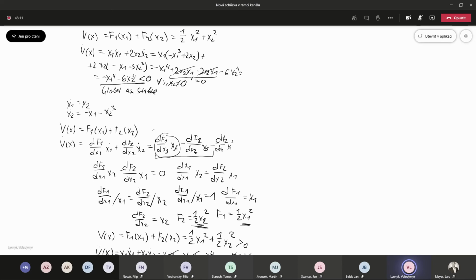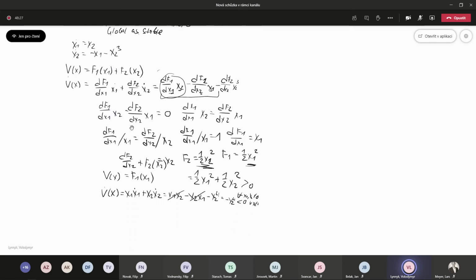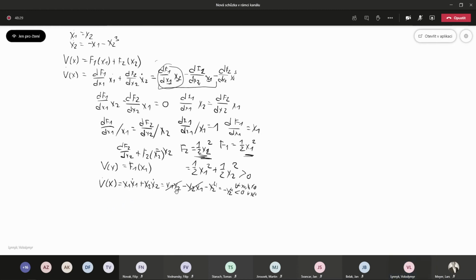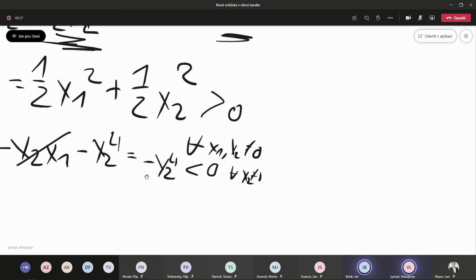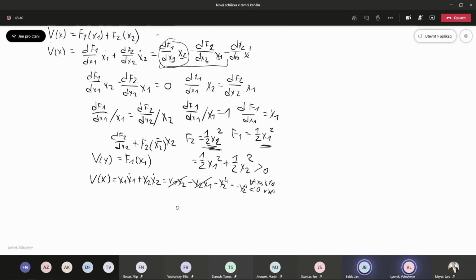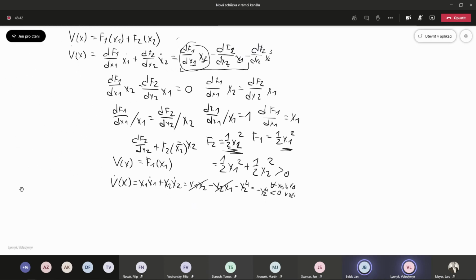What we can say about the stability of the system now? It's stable. Asymptotically stable? Why? Because it's smaller or equal to 0 for any x1 and x2.